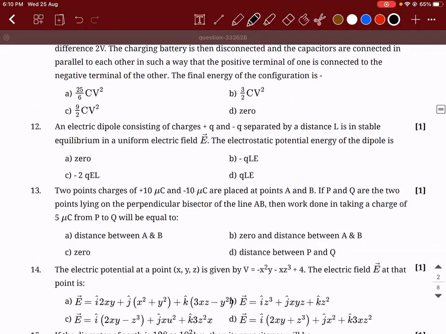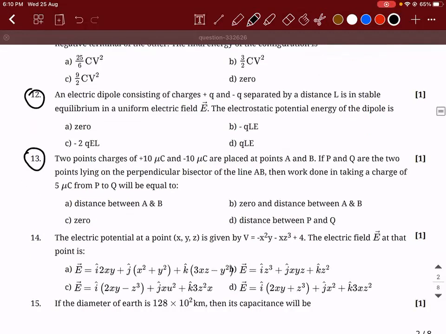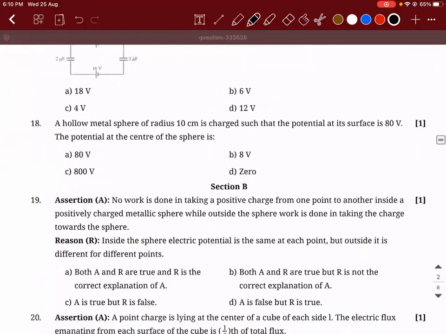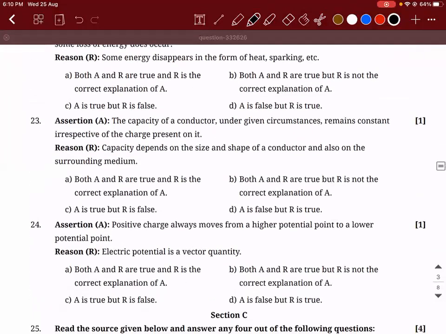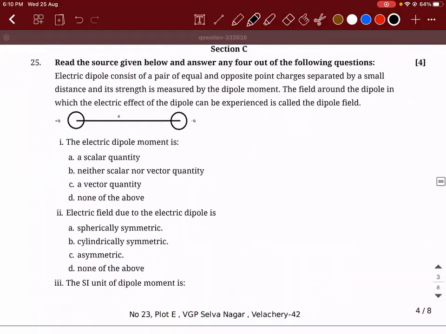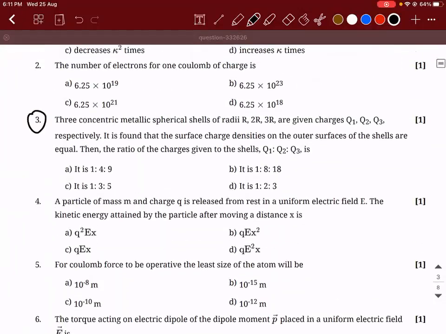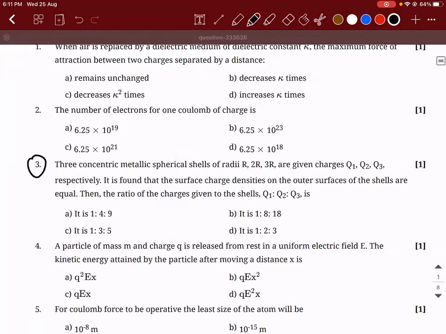Sir, 13, sir. 14, sir. Half of you are seeing the question paper now only, right? Well, 13, 14, next. 26, sir.